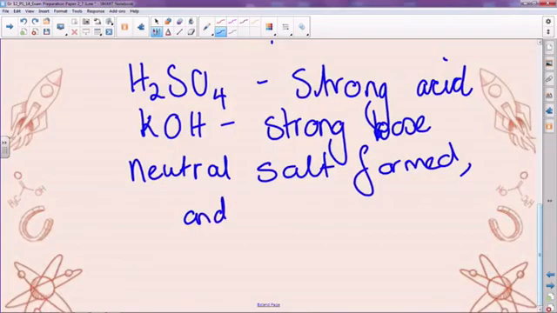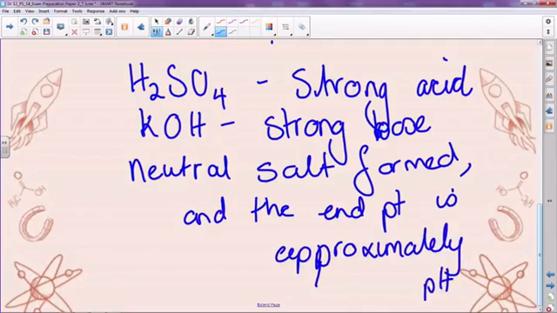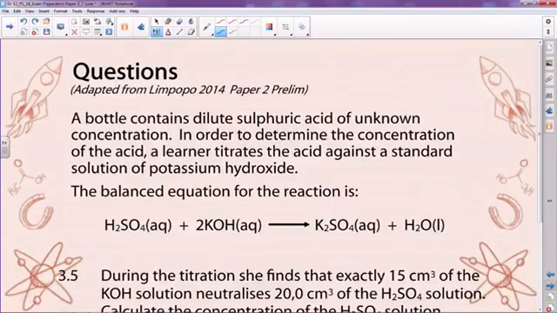And the end point is approximately, okay, it's never exactly, pH equal to 7. Okay, so not 100%, but close to it. Okay, last question. Here we go.